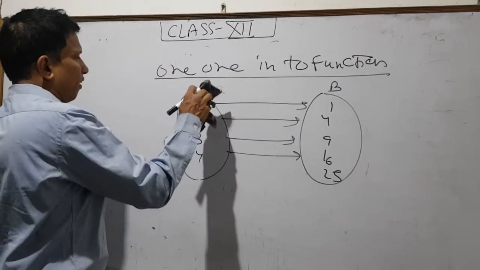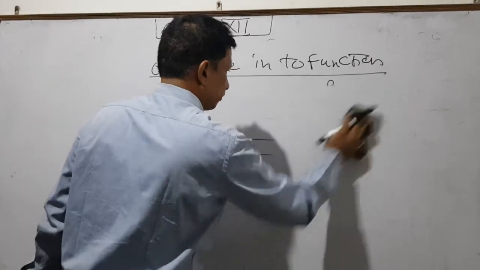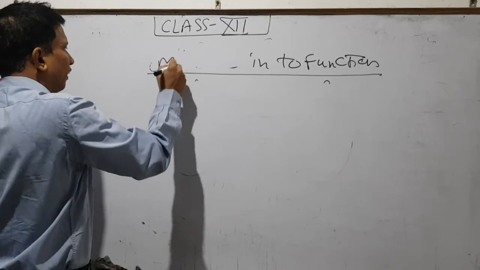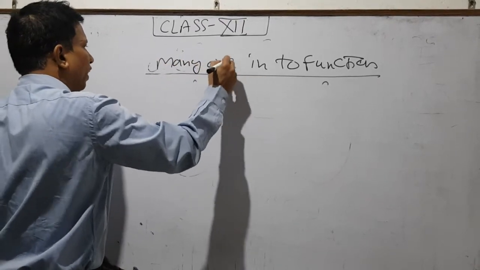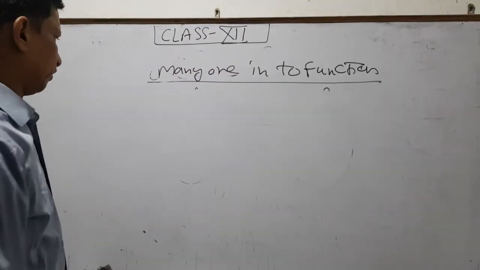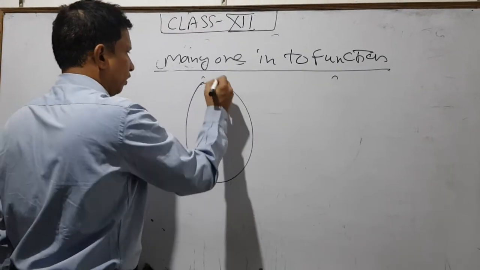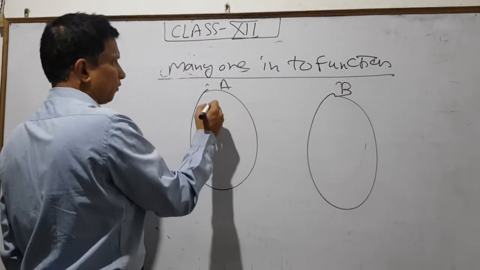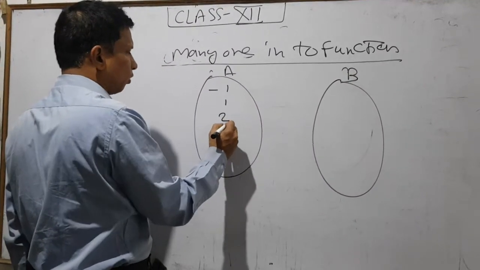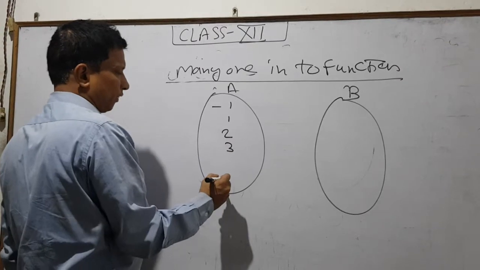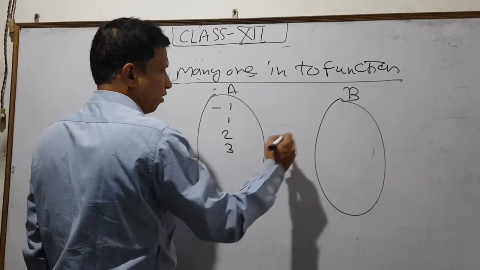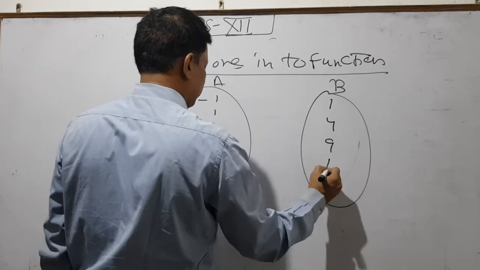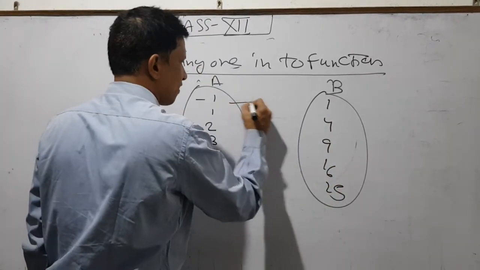Next one, many-one into function. This is A, this is B, minus 1, 1, 2, 3, 4 and 1, 4, 9, 16, 25.